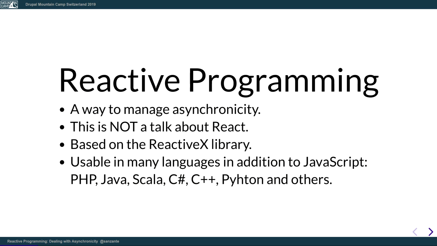Then we'll talk about observables and operators, that are the two basic components of reactive programming. There are more, but those are the minimum you need. And then we'll see some code examples and some final notes.